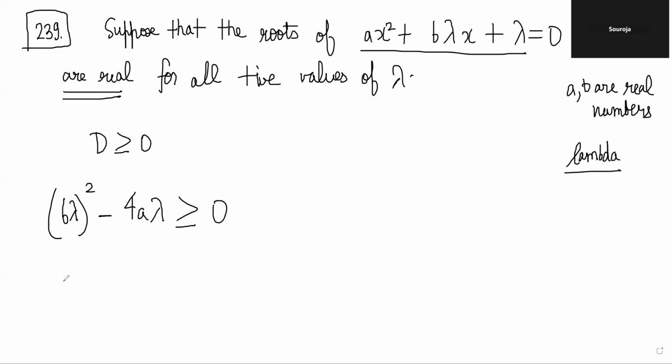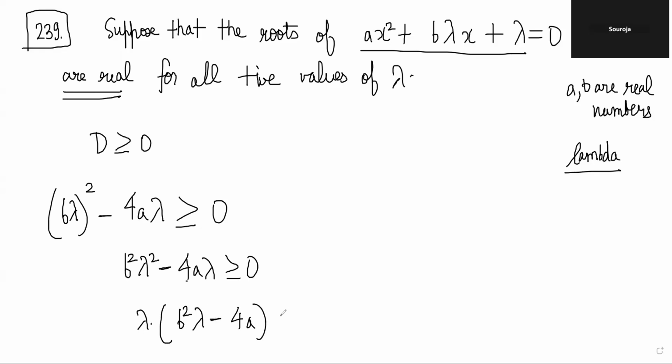Right. So we can also write the inequality as b square lambda square minus 4a lambda is greater than or equal to 0. We can take lambda common. We get lambda times b square lambda minus 4a is greater than or equal to 0, right?